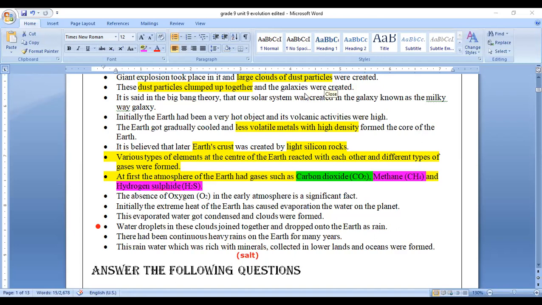Zaid, 4.5, 4.6 is not the problem. What has been written in the book is the right thing. If your book says 4.5, then 4.5. If your book says 4.6, then 4.6. That is the Sri Lankan syllabus system.